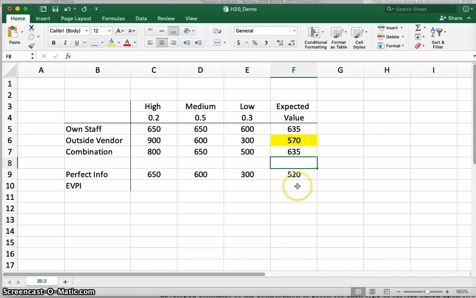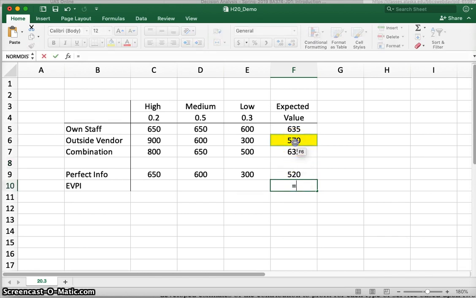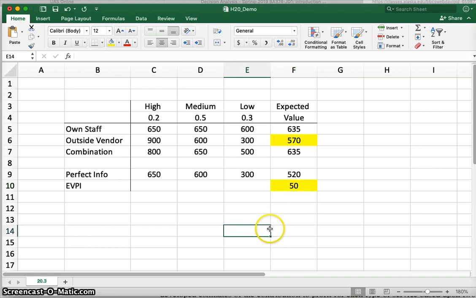So perfect information would be worth this minus this, or $50,000. To have perfect information would be worth $50,000 for me. And that's basically how that works. So if you can do that, you should be able to do your homework. And this is our last chapter.